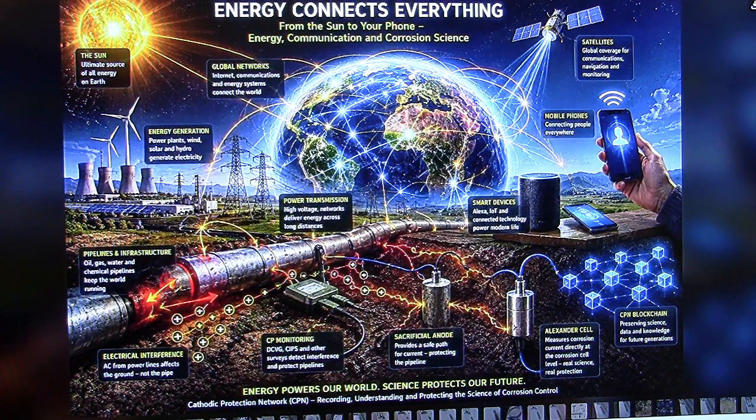Our online correspondence course goes much further into these subjects, including relationships between electrical energy, corrosion cells, cathodic protection, and the measurement of corrosion current. We believe that this knowledge should not simply disappear when the people who developed it are gone. It should be recorded, examined, challenged, and passed on.